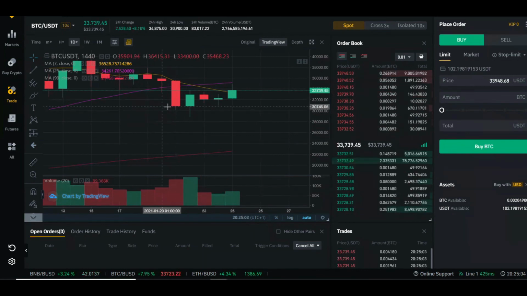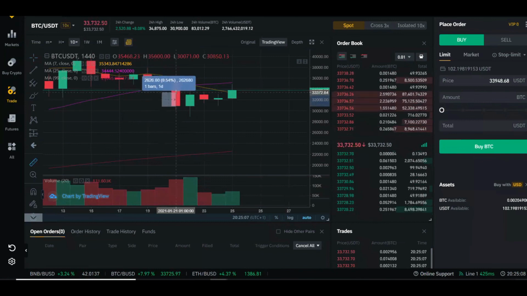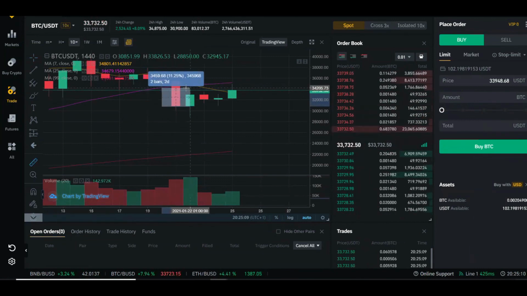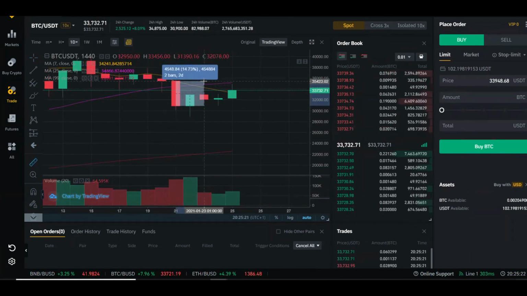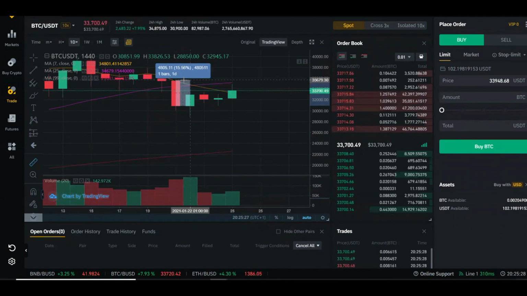So let's take another simple example. Somebody that bought on the 21st and decided to sell it on the 22nd is making 15% of profit.